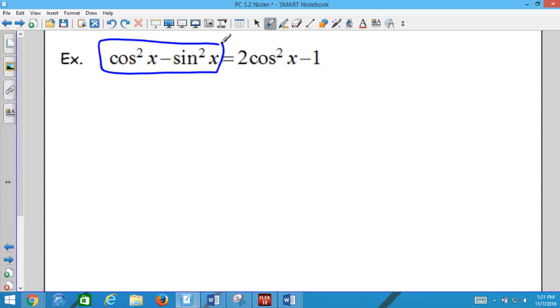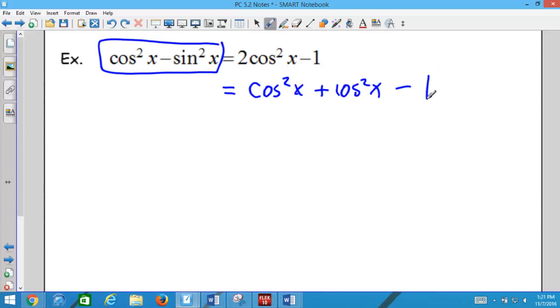What I want to tell you about the right side is that 2 cosine squared x is the same thing as cosine squared x plus cosine squared x. So 2 cosine squared x is the same thing as adding 2 of them together. That's what 2 means.